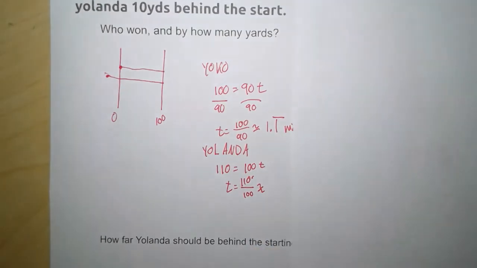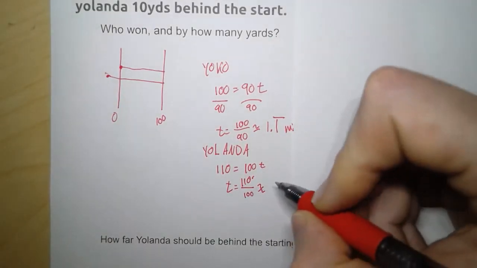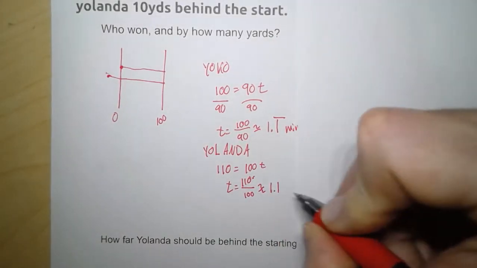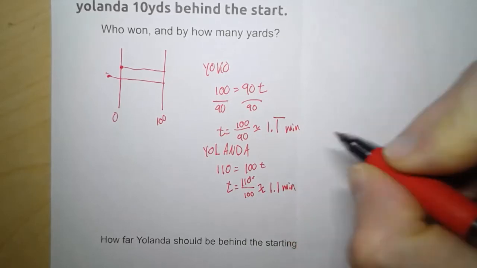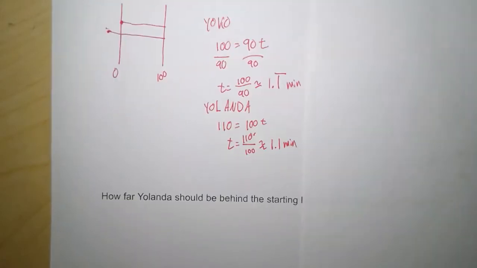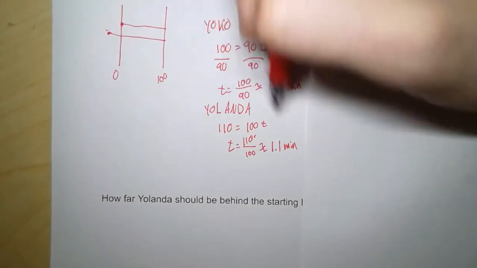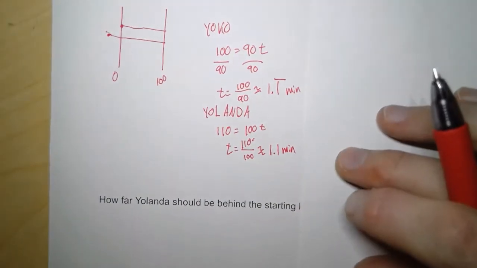As an approximate decimal, if we move the decimal point over 2 places, that's what dividing by 100 is, we have 1.1 minutes. So this is 1.11111 on forever. This is just 1.1. So Yolanda actually did it in less time, which means Yolanda is the winner.